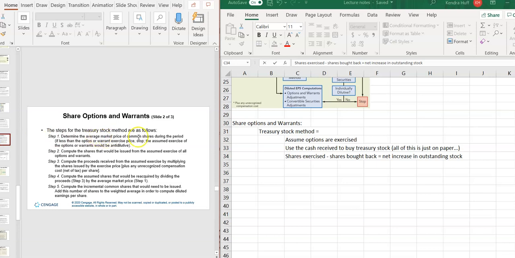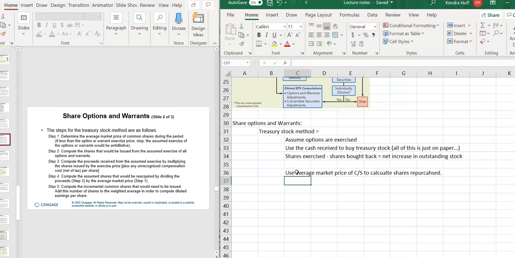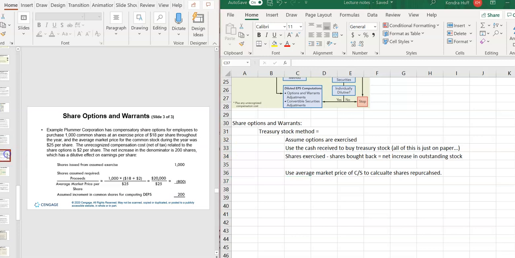All right, so we use the average market price of common stock to calculate shares repurchased. Once again, remember, all this is just on paper. You're not really going back out and buying stock.